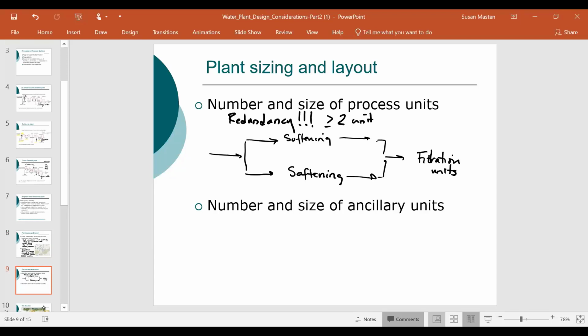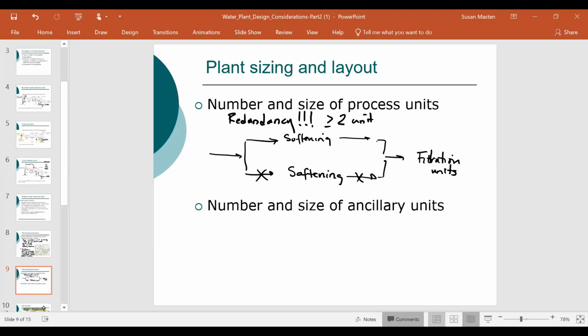So the way this operates is that the city, well, it's East Lansing Meridian Township, can produce sufficient water with one treatment train out of service. And what they actually do is they alternate on an annual basis.